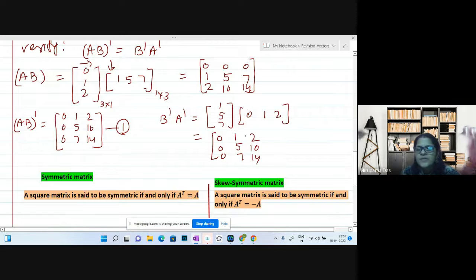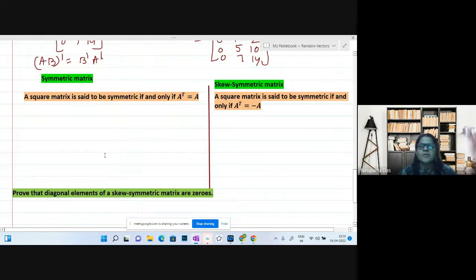So this is the matrix. You can check here that transpose of AB equals B transpose into A transpose. So these are some of the properties of transpose of matrices.